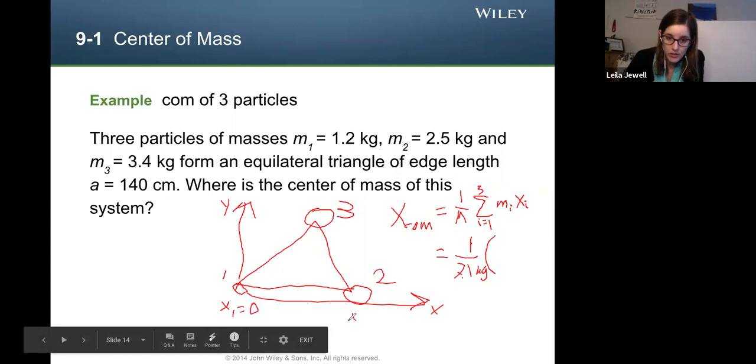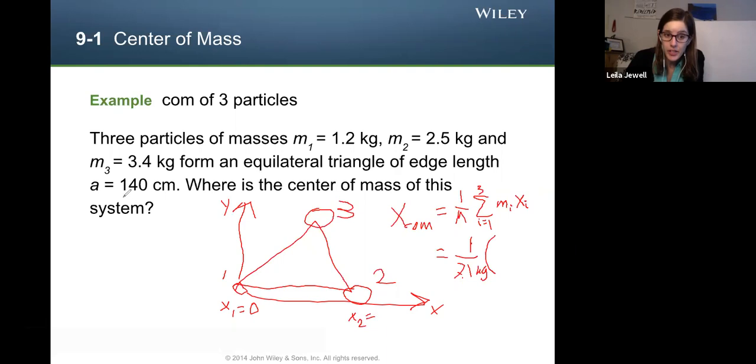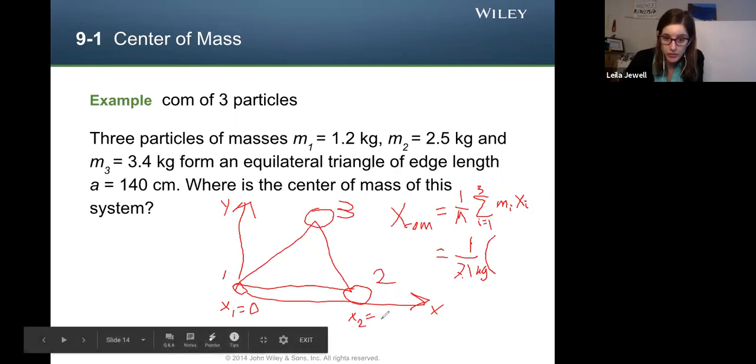For x2, we can know based upon the edge length that it's exactly 140 centimeters away. So we have that. And then for particle 3, because it's an equilateral triangle, we'll know that it needs to be right in the middle in terms of x. So x3 is going to be half of 140, or 70 centimeters.